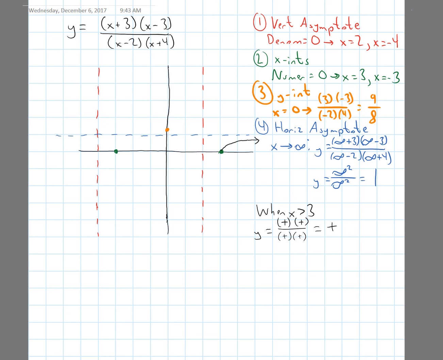The next thing that could happen, I'm going to kind of fudge this already. We know from polynomial functions, if the factor that gave us this x-intercept isn't squared, it's going to cross. This comes from the x minus 3, right? That's why x equaling 3 is an intercept.